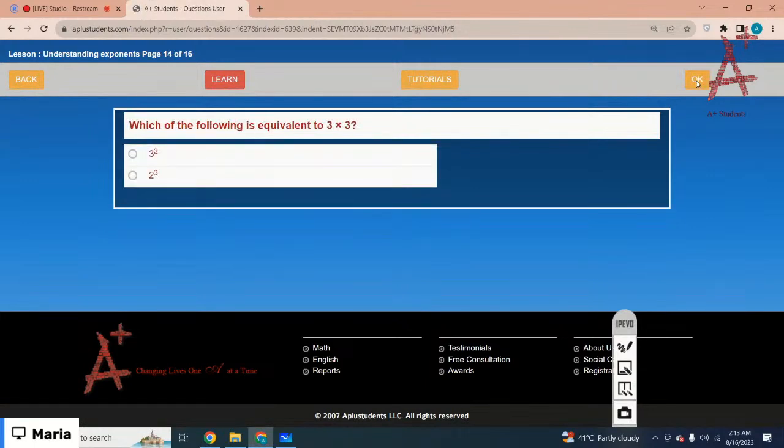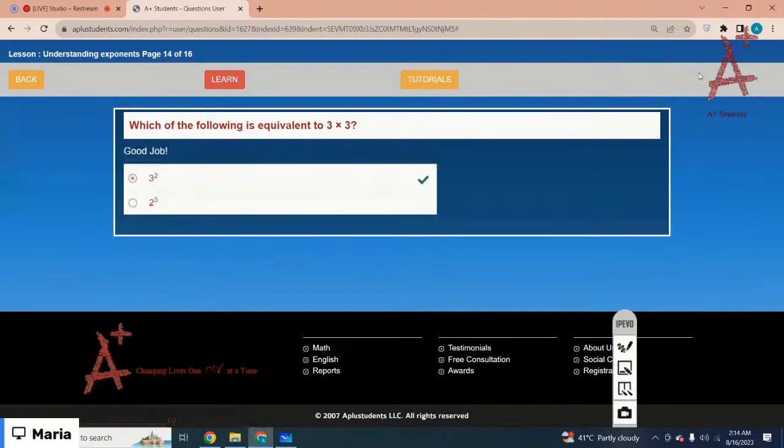Which of the following is equivalent to 3 times 3? Which is the correct option? That would be 3 exponent 2. Option number 1 is the correct option.